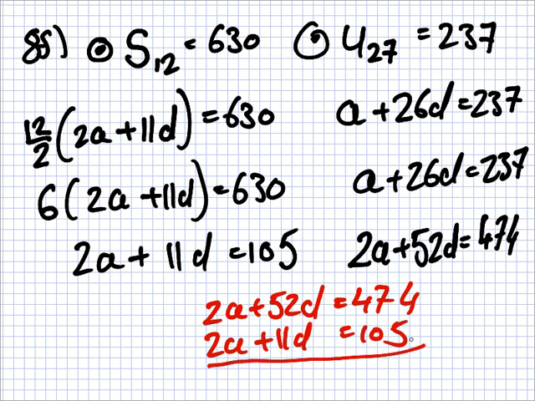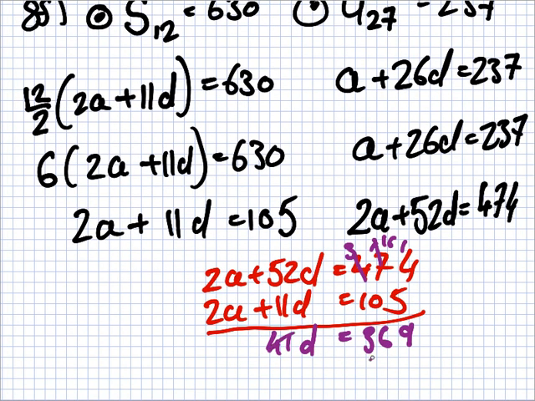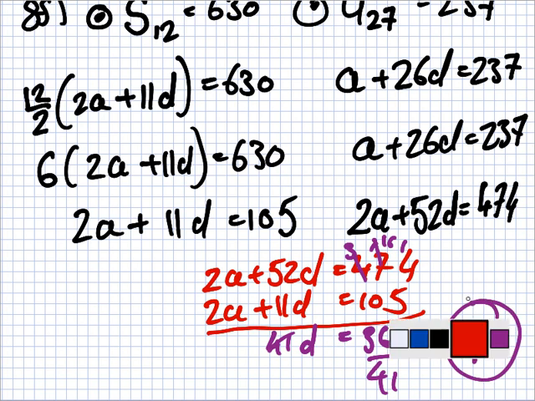So if I subtract, I'll get 41d equals 369, sorry. Divided by 41 is 9. Okay, so we have the D is 9, yeah?